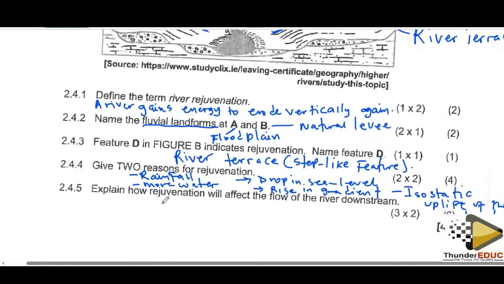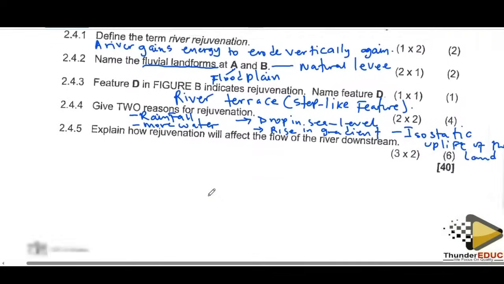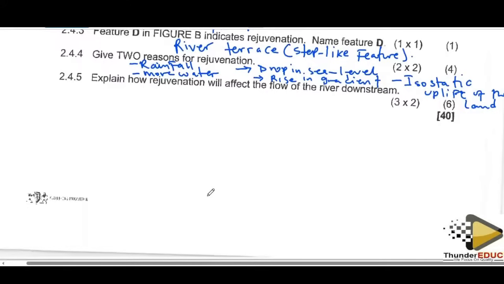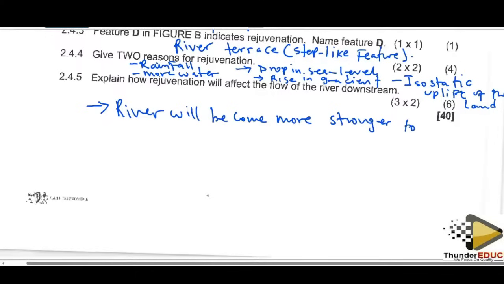Okay, 2.4.5, they say, explain how rejuvenation will affect the flow of the river downstream. So how does river rejuvenation affect the river flow downwards? We can say the river will become stronger to erode downstream.